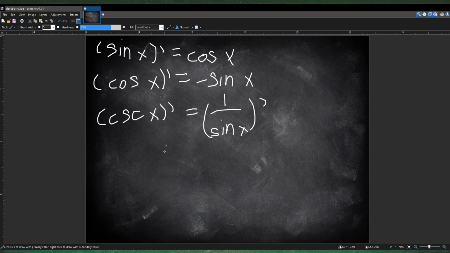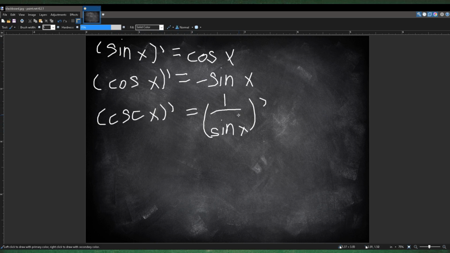For all these trig functions, we just use the quotient rule, because tangent, cosecant, secant, and cotangent are all quotients in some relationship of sine of x to cosine of x, or vice versa. So we could use these ratios and the quotient rule to find the derivative of the other 4 trig functions.